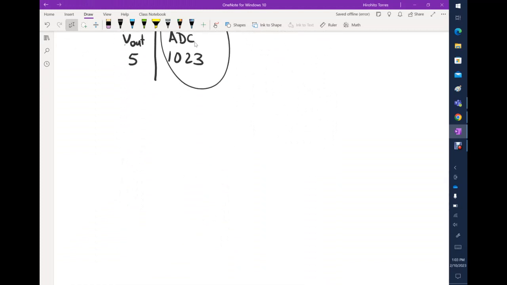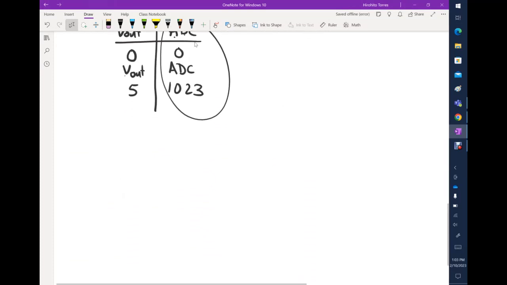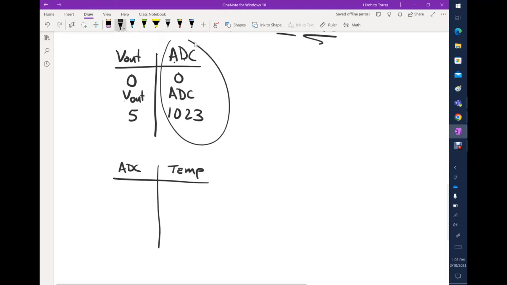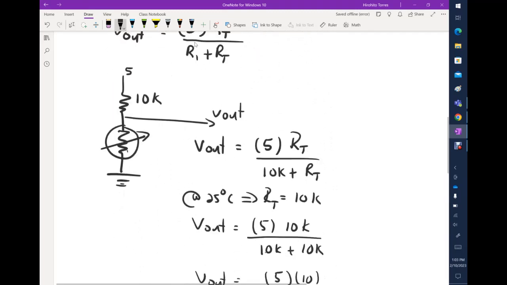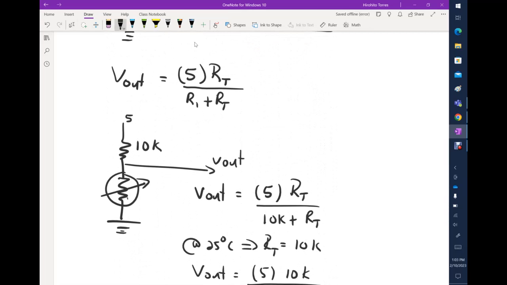That's what's called calibration. We need to do calibration, and calibration is basically done between, for example, the ADC reading versus temperature. And this is just an example. Let's say that the analog signal from the sensor is linear versus whatever you are reading here on your sensor.